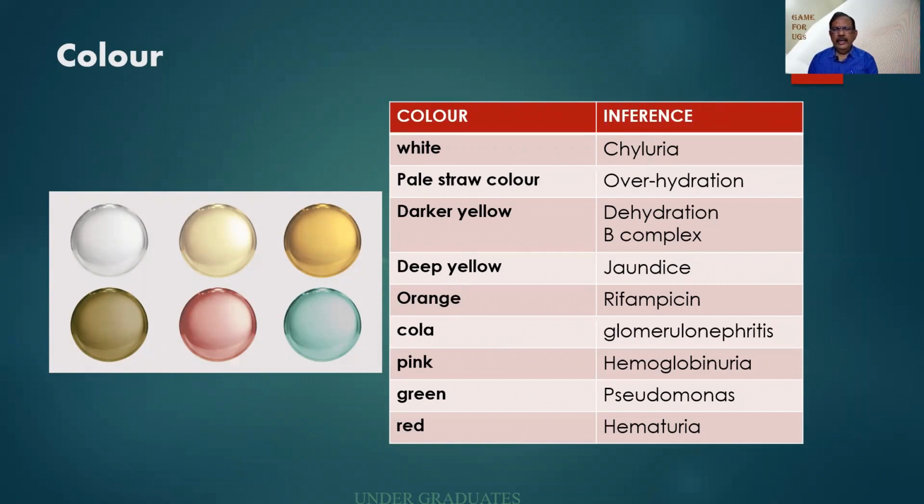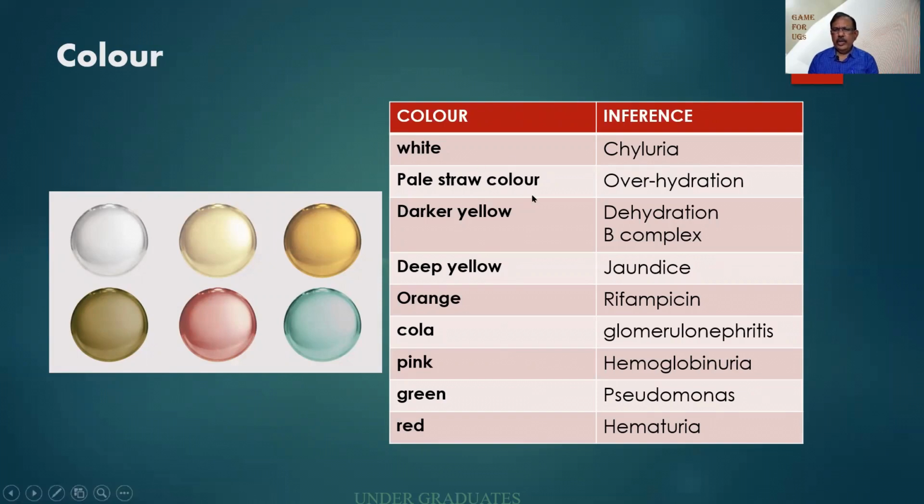He brought it in a test tube. It was a male patient. It was white and starch-like. I said, no, this is not the sample. You should collect urine. Again, he came after some time. It was similar. And then we realized it is chyluria. Chyluria is nothing but lymph. And this can happen when a patient is having filariasis.